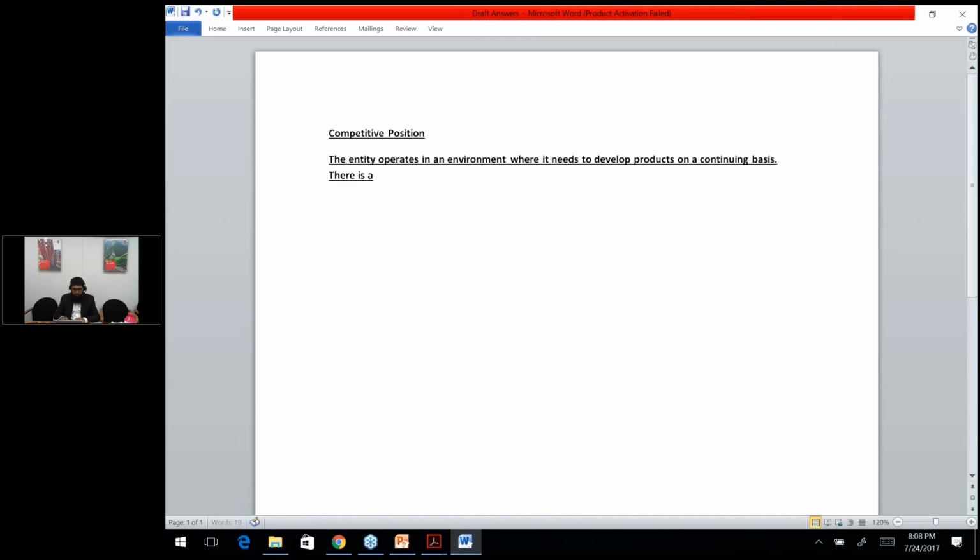There is a risk that if the entity is unable to produce drugs at a pace equal to that of competitors, then it might end up losing its competitive position.